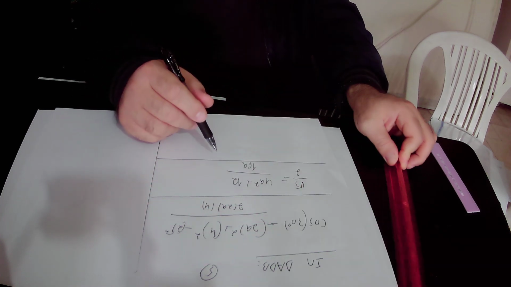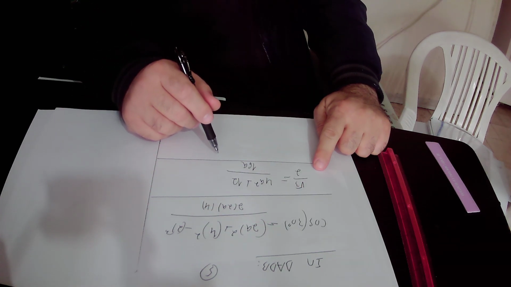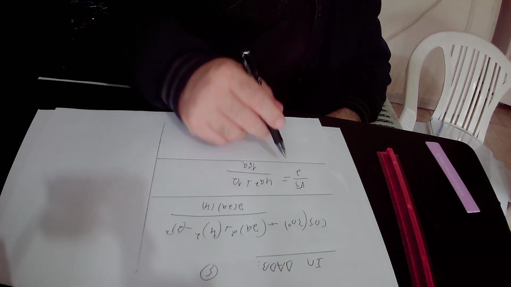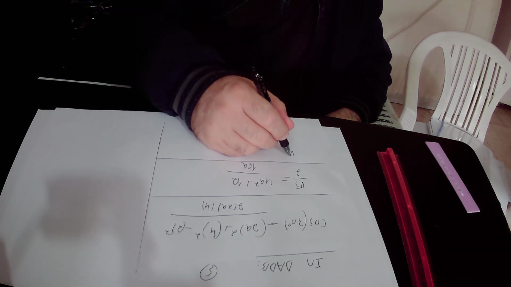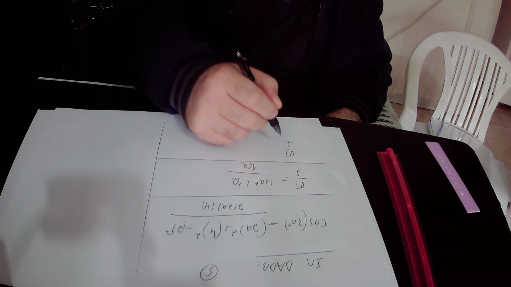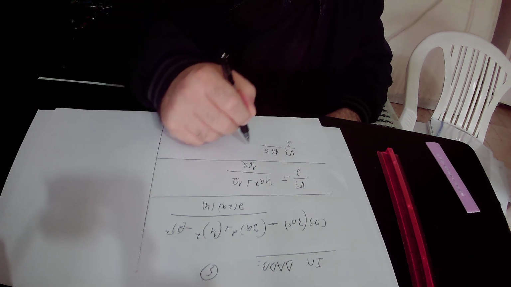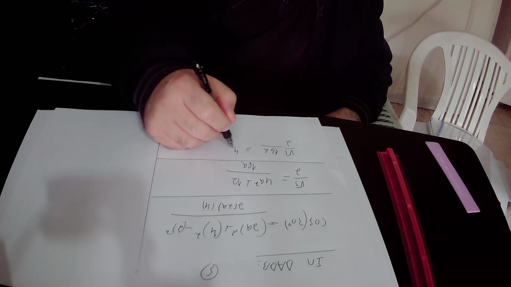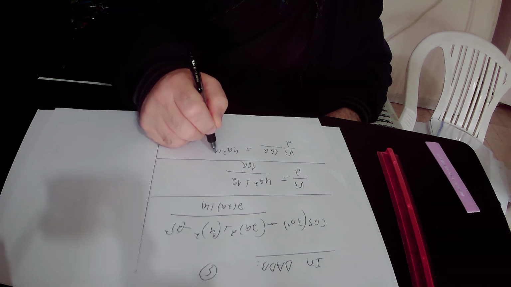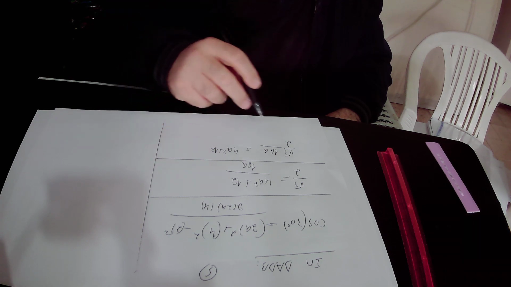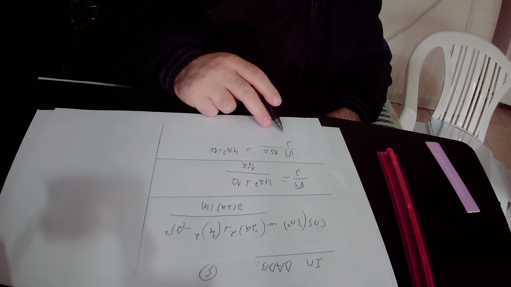Here we will multiply this equation by 16A and we will get that square root of 3 over 2 times 16A equals 4A squared plus 12. 16 over 2 is 8.